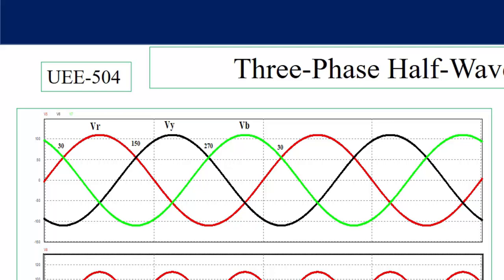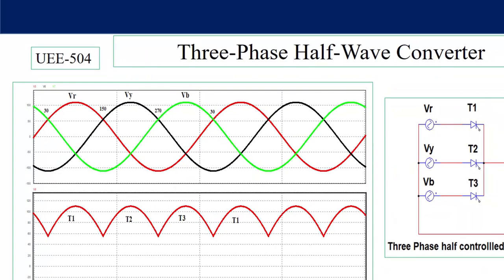This 30 degrees is equivalent to 390 degrees. So for every 120 degrees, 30 to 150, 150 to 270, 270 to 390, these voltages are maximum. VR is maximum between 30 to 150, VY from 150 to 270, and VB between 270 to 390.